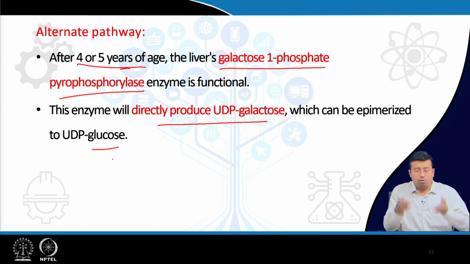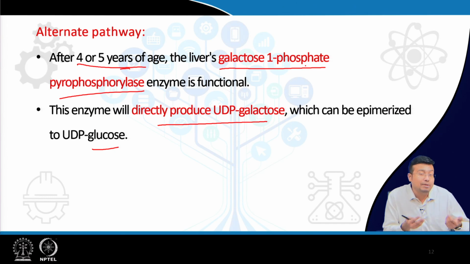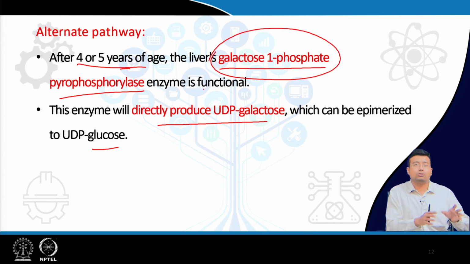It will act on galactose 1 phosphate, of course, because whenever you are naming any enzyme, it is named after the substrate. So, when galactose 1 phosphate is there, galactose 1 phosphate pyrophosphorylase will directly produce UDP galactose.